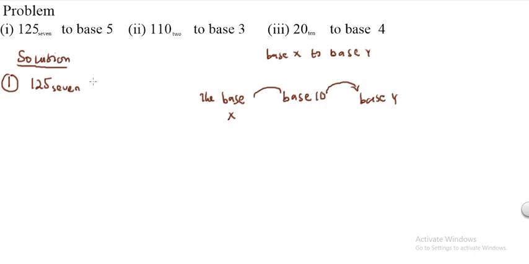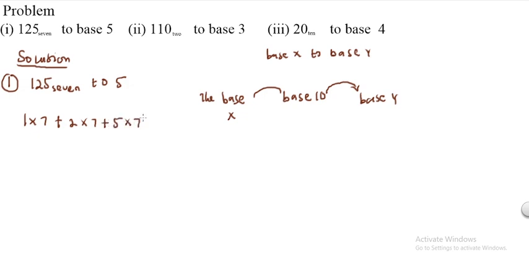So in this case, as we're converting from base 7 to base 5, we first convert from base 7 to base 10, then base 10 to base 5. To convert from base 7 to base 10, the first thing we want to do is to multiply each of these numbers by 7. So we'll say this is 1 times 7 plus 2 times 7 plus 5 times 7.